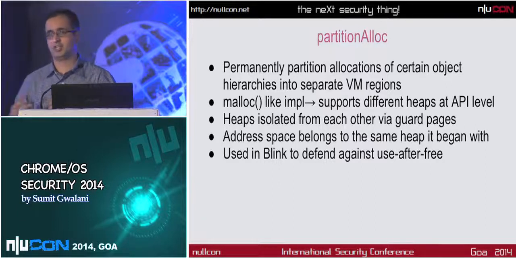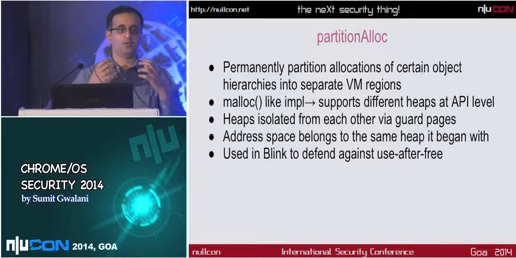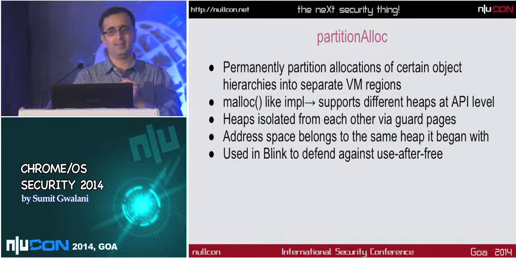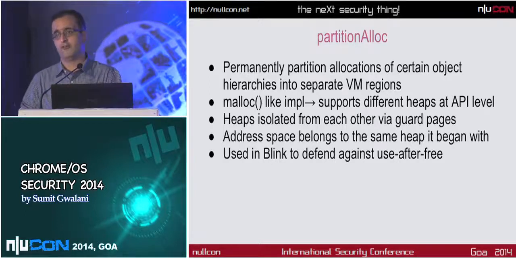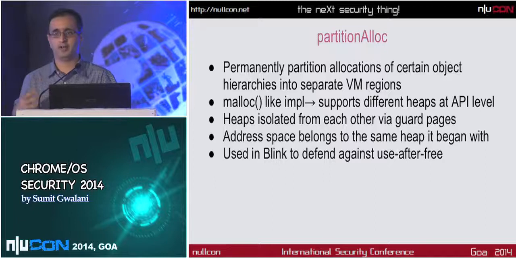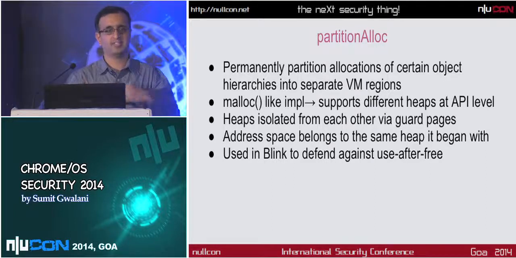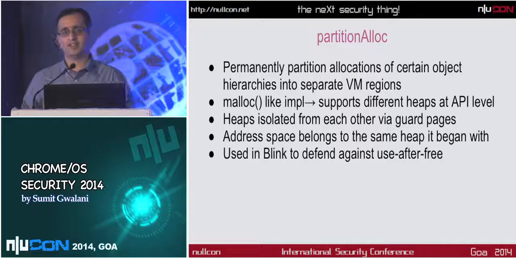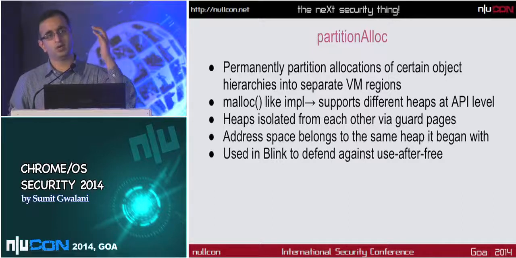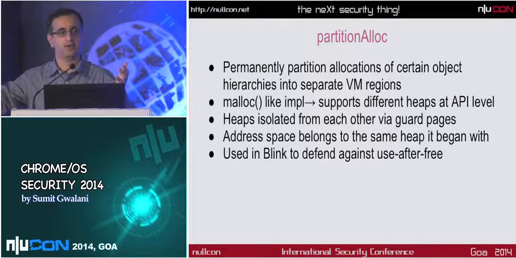One of the engineers in my team came up with the idea that right now you have a single memory heap that applies to everything in the browser. So for example, your DOM nodes or your strings, your array buffers, your renderer nodes, everything is on the same heap, right? So even if there's a use after free, you can use one type of object to basically corrupt the other type of object.